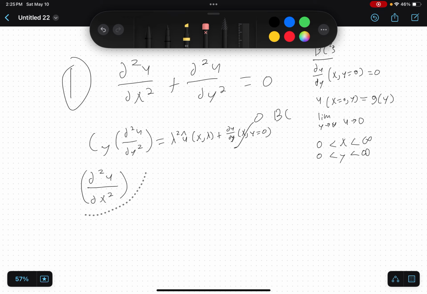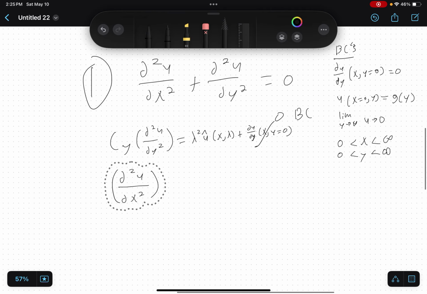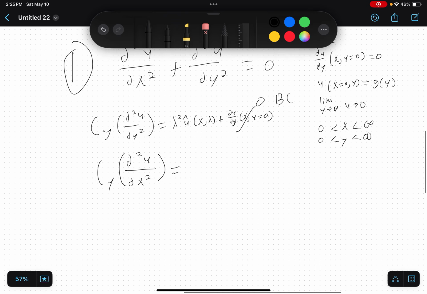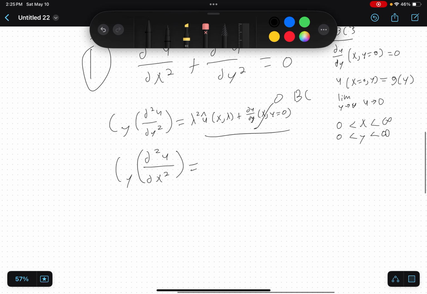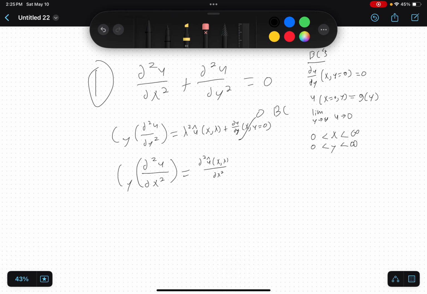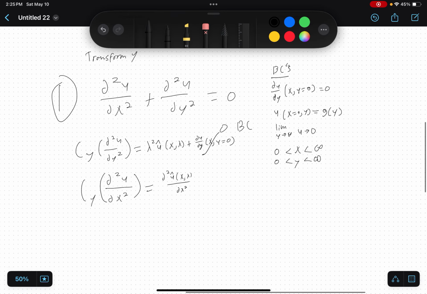We don't split it apart like we did here. Instead, we just say it's a second derivative. Cool beans. I am on a roll.